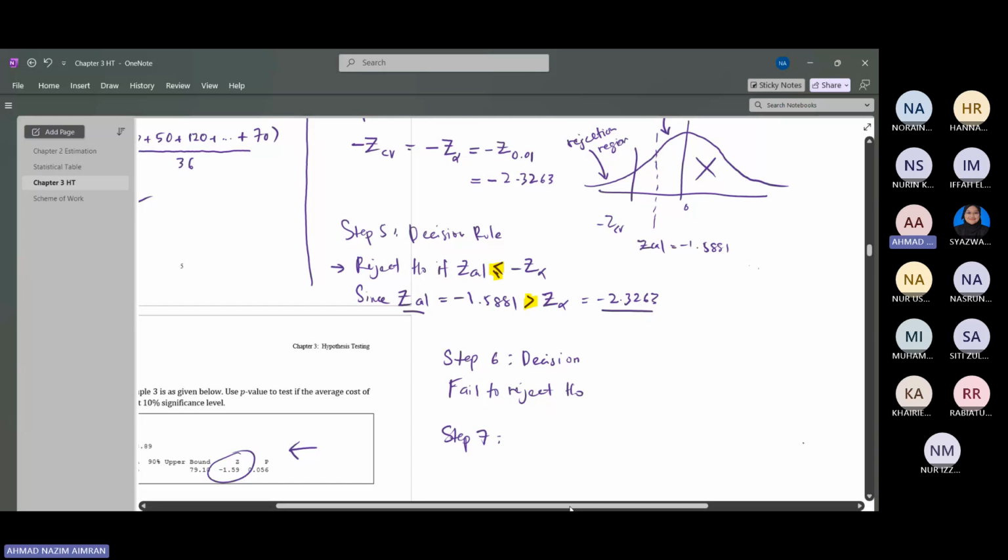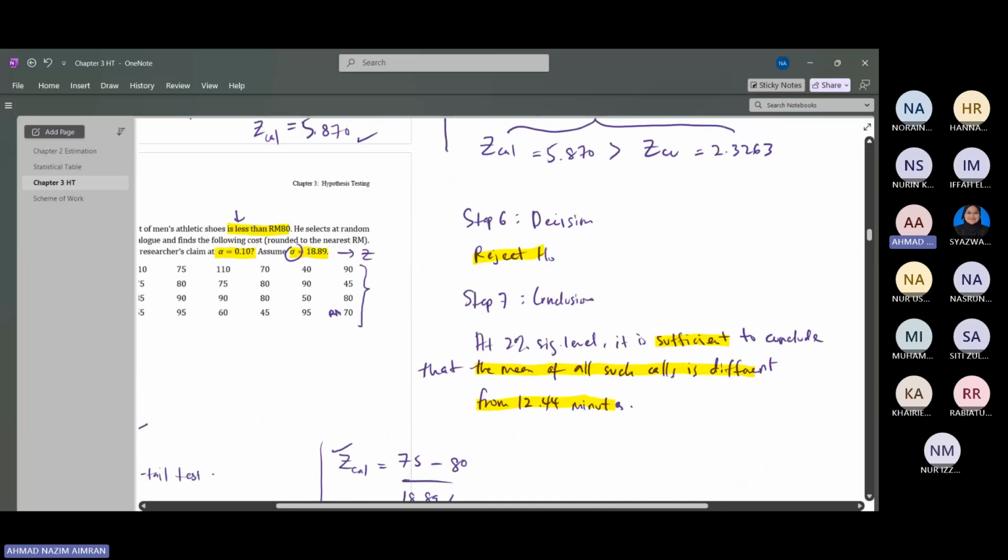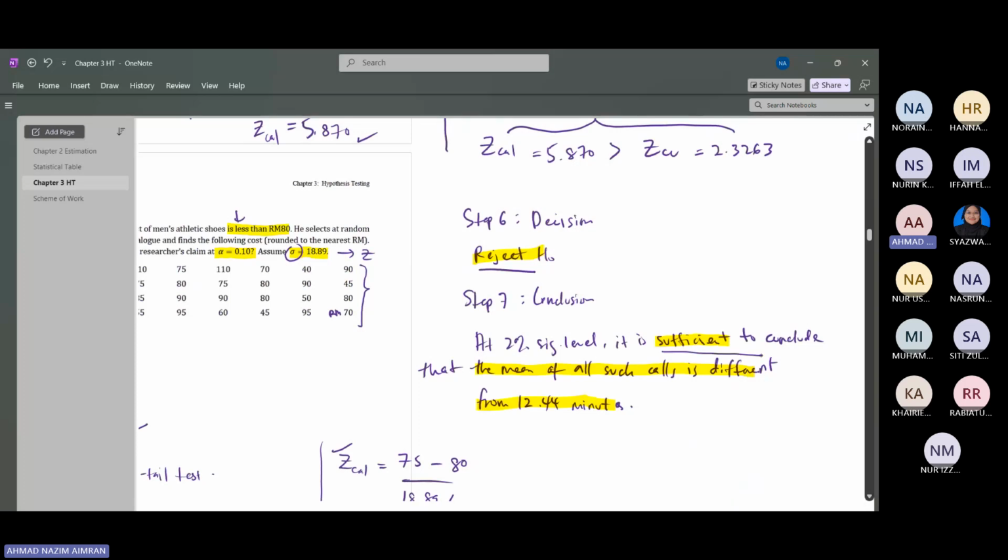The conclusion is... now to draw the conclusion, refer to what you have concluded up here first. If you reject H null, you should conclude there is sufficient evidence, or it is sufficient to conclude that.